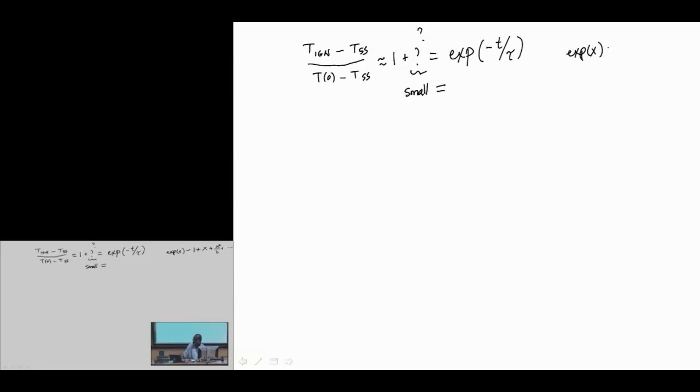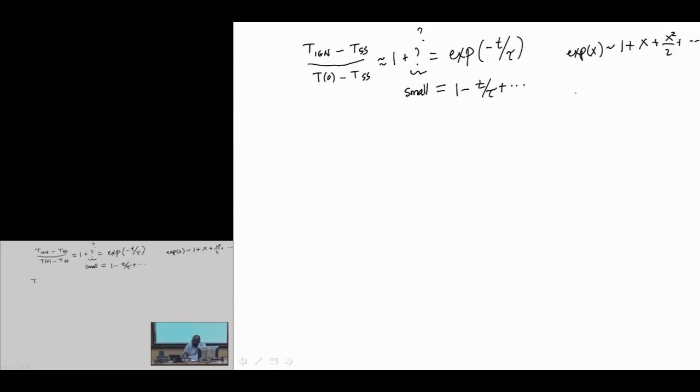So the first term in this is 1 minus t over tau plus some higher order terms. If truly this looks like 1 plus small terms, then maybe the first order term is just the most important factor.